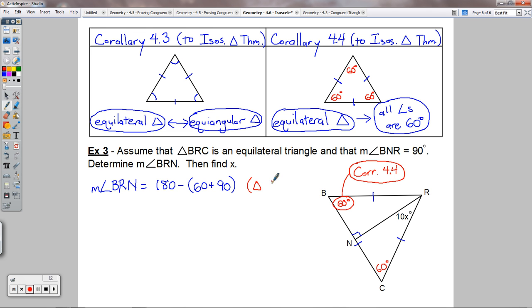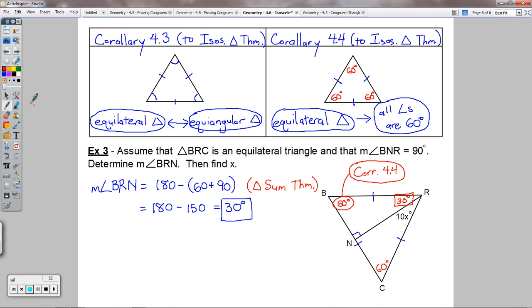This right here is the triangle sum theorem. So that leaves me with 180 minus 150, and so angle BRN right here is 30 degrees. Let me put that in the picture now. This is 30 degrees, and I'll use a box for that because that was a portion of my final answer.